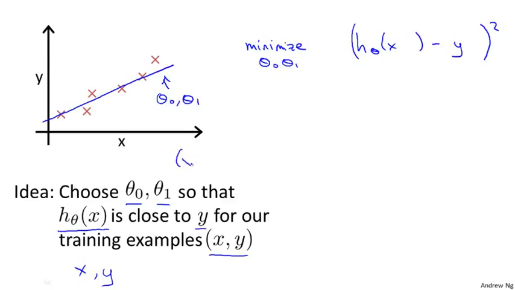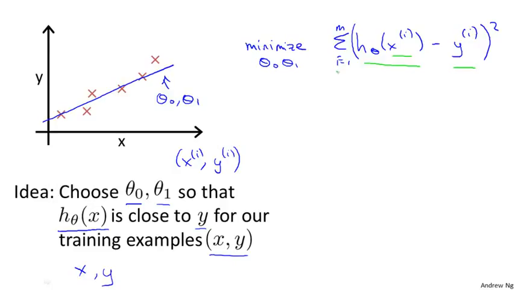So let's fill in some details. You remember that I was using the notation xi comma yi to represent the ith training example. So what I want really is to sum over my training set, sum from i equals 1 to m, of the squared difference between the prediction of my hypothesis when it is input the size of house number i, minus the actual price that house number i was sold for.